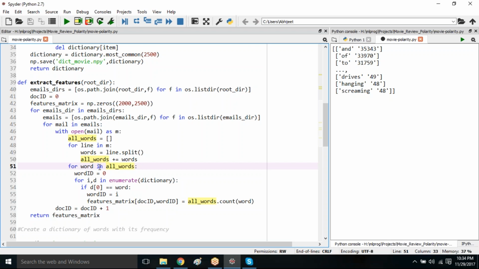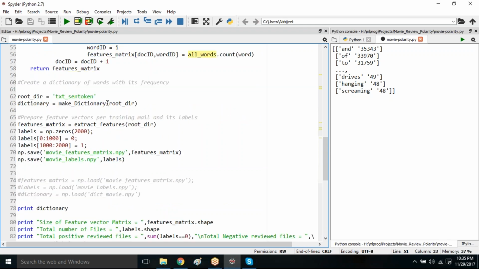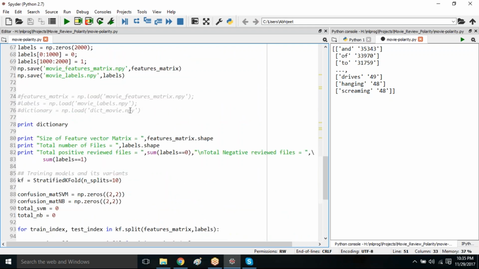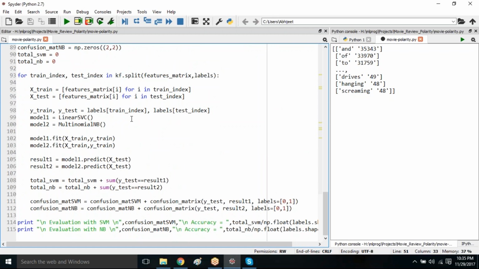And you will be surprised to know, the vector which we are making, with the 2500 dictionary size, you can then further model it through naive Bayes or SVM.